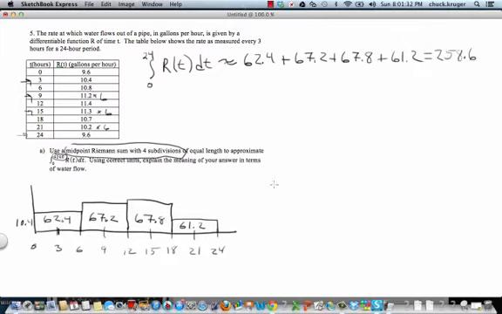Alright, so now if you notice, these values right here are really close to being the same. And so what it is, the flow rises and drops, rises and drops. So it's a cycle. It goes up every 24 periods and goes down.